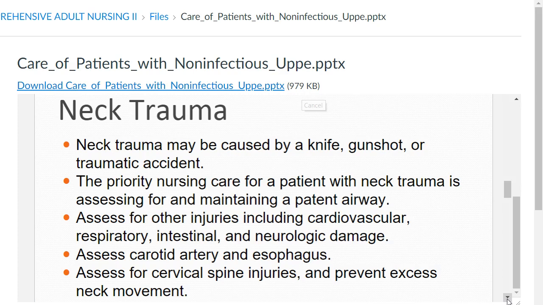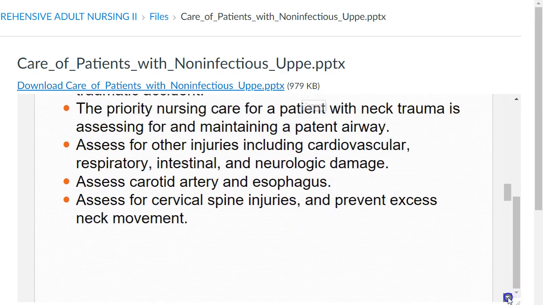Again, talking about the neck, because of the cervical spine, we want to look for any cervical spine injuries and prevent excessive neck movement. A lot of times when the paramedics are first on the scene, they'll get those patients in a neck collar to prevent the patient from moving around.